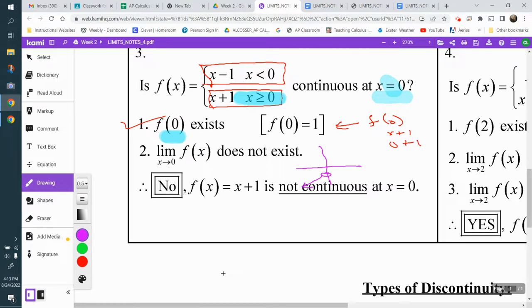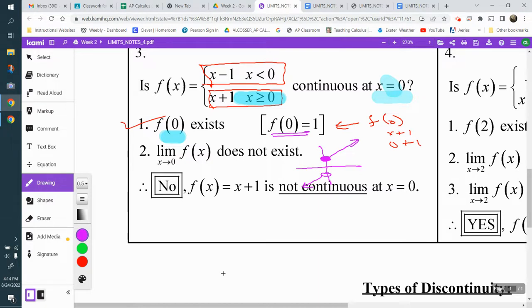And then I know this one is a closed dot with a y-intercept of 1, and it points to the right at a slope of 1. Now, here's my question. This exists because it's got a solid dot right here. At 0, it is 1. But when I do my limit, I can't just plug in 0 because I can't plug it into both of them. Do you guys kind of see what I'm talking about?